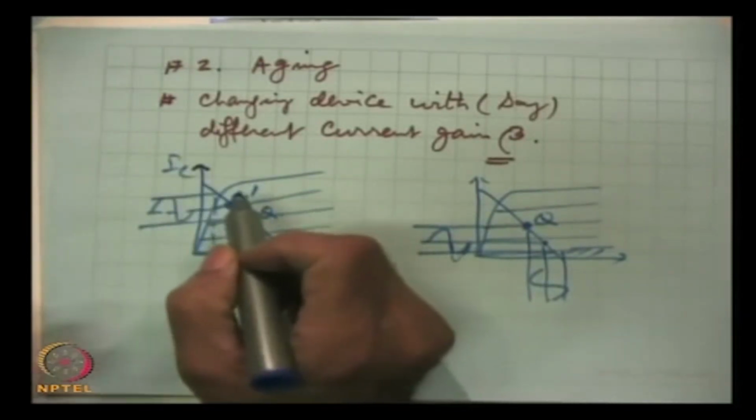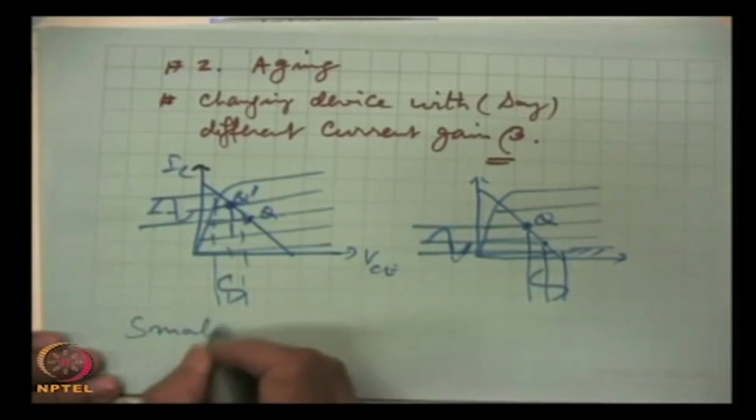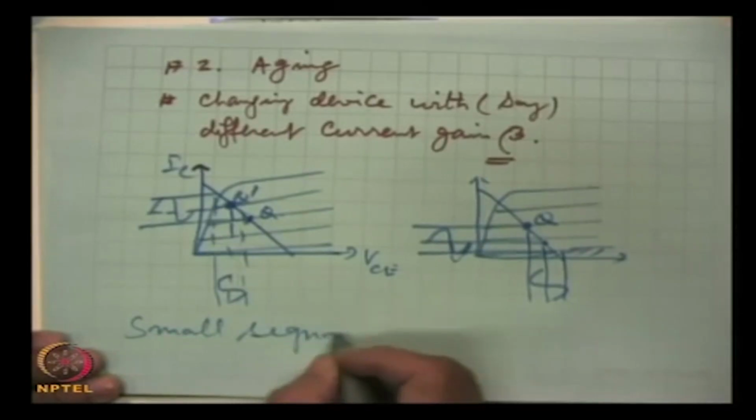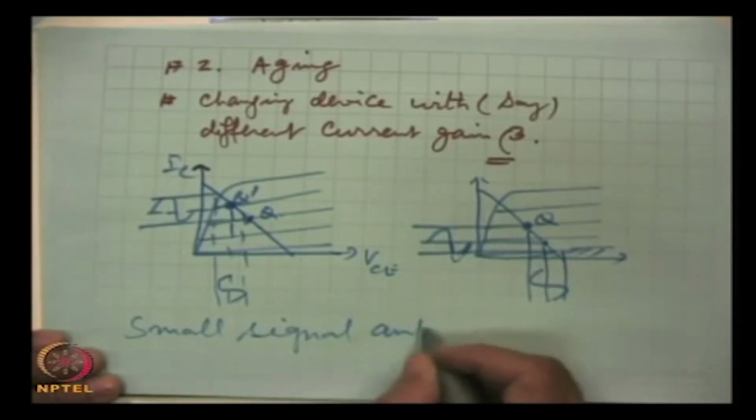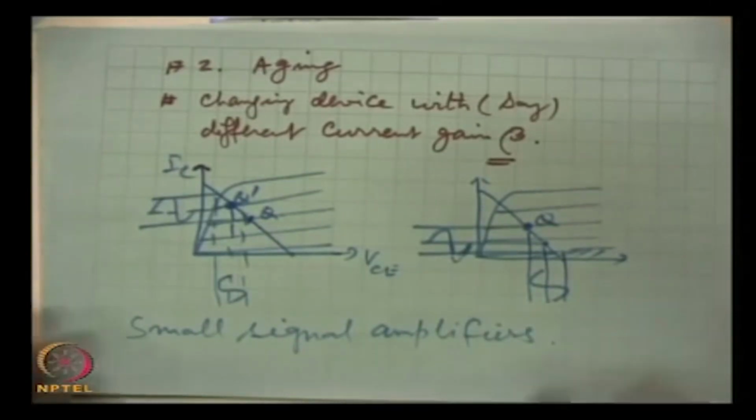At the moment, we are talking of small signal amplifiers. So, the Q point has to be chosen properly. We talked about the variation of the Q point, and in this connection actually we define a stability factor.